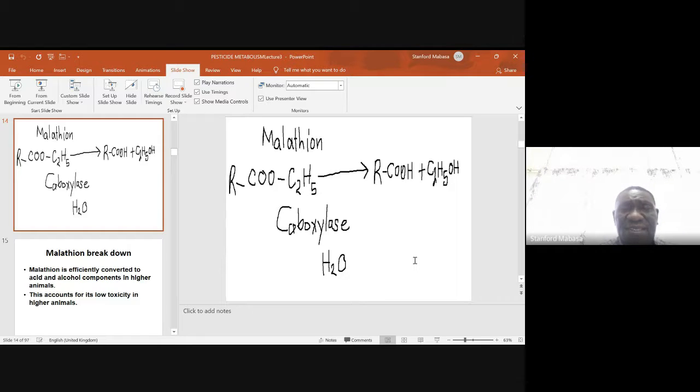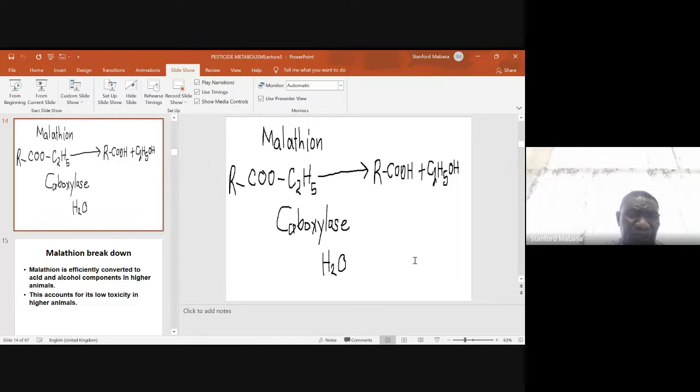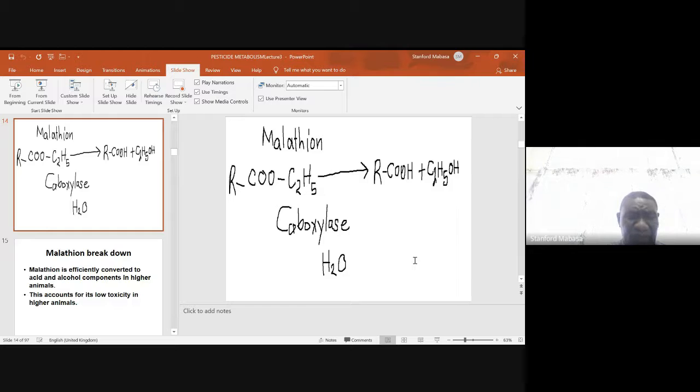It's formulated as an ester. And it can be changed to an acid and an alcohol through the carboxylase enzyme.